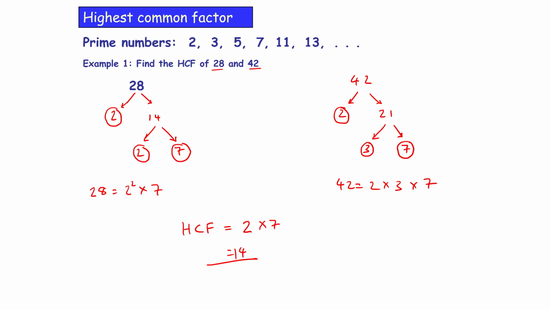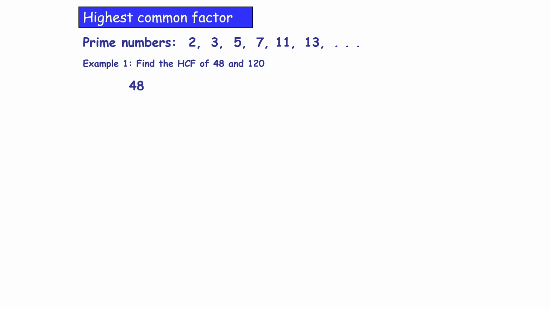Okay. So hit pause, copy down that example. When you're ready, hit play again and we'll look at another example. Okay, in this example, I want you to find the HCF of 48 and 120.